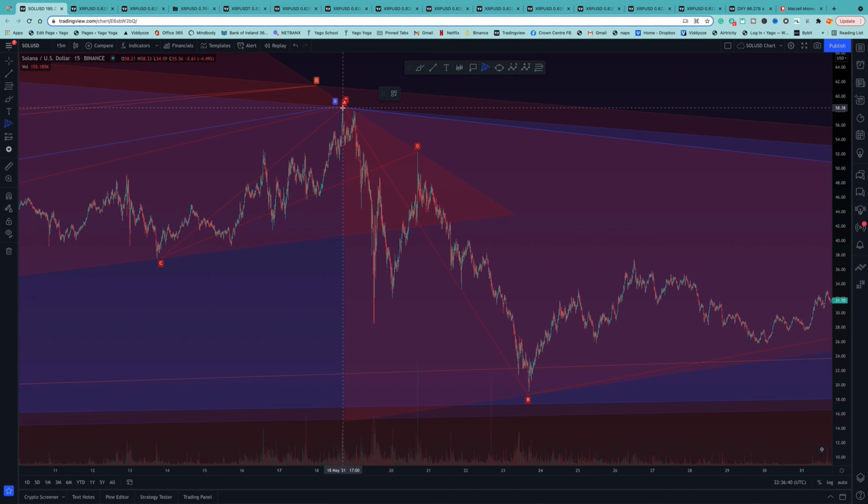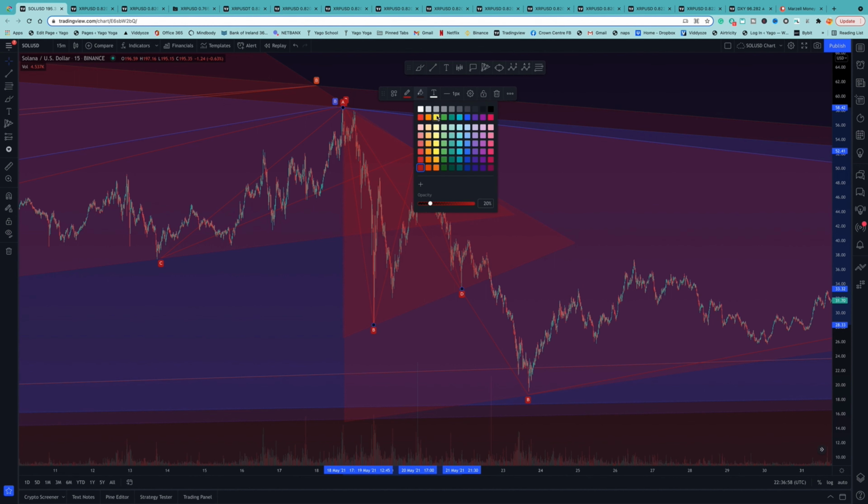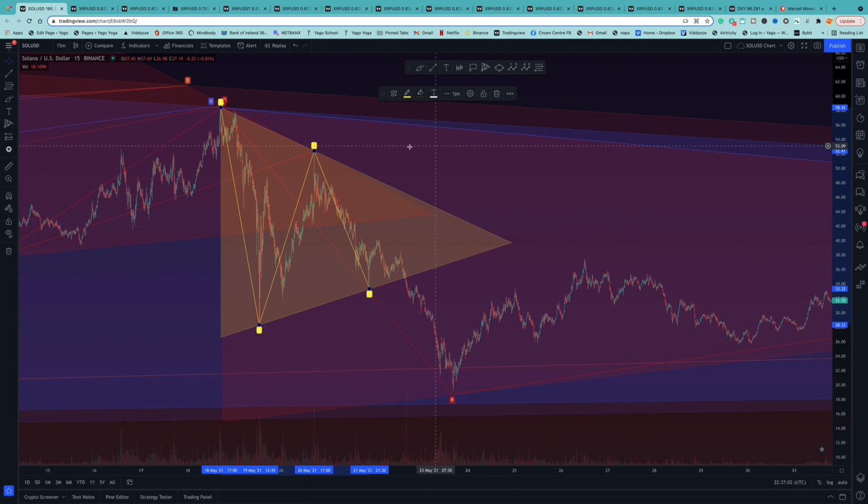There's a top. There's a bottom. Now on the 15-minute, this is an Elliott wave. There's a top, and there is a bottom. Now again, my 15 minutes are yellow. There's yellow. Okay.